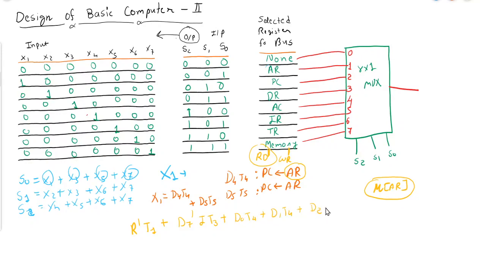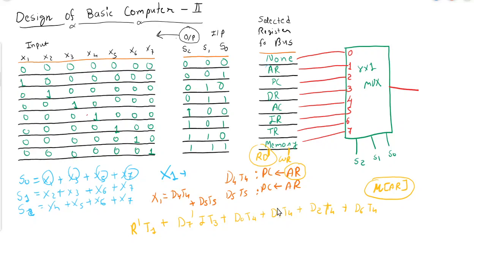Then D2, which is load accumulator, where we also retrieve the operand from memory, and last is D6 T4, which is branch and save return address. In that case also we retrieve the operand from memory.